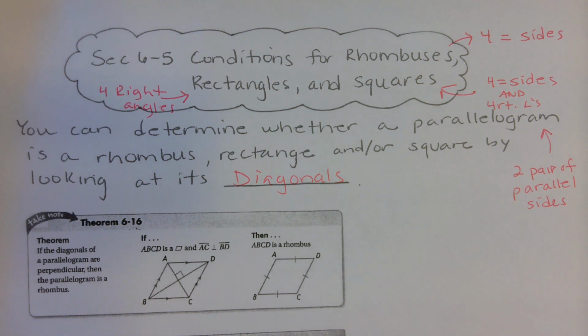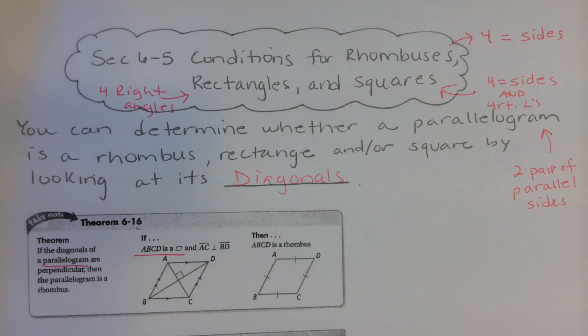When we look at all these, I want you to notice that for all 3 theorems on this page, here's just the first one, we are talking every time about a parallelogram. So that's part of our given. It's a parallelogram. And then the extra piece of information is about the diagonals.